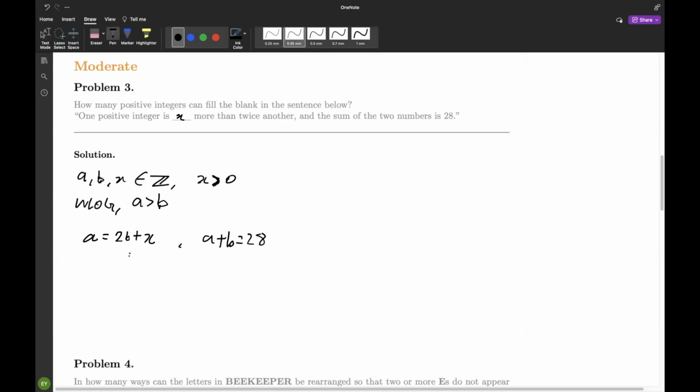So our first case is when b equals 1. But just in case we might have repetition, we have to be careful for that. When b equals 2, we have x equals what? 26, right? And we get 24. Then 3, 22, which gives 19. Then 4 and 24, which is 16, right?